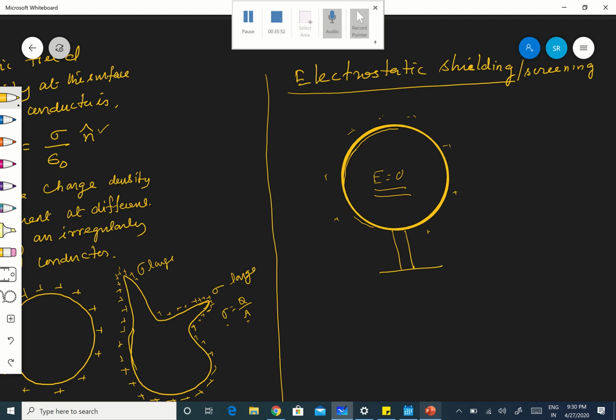Those instruments can be kept inside the hollow metallic conductor. Why?